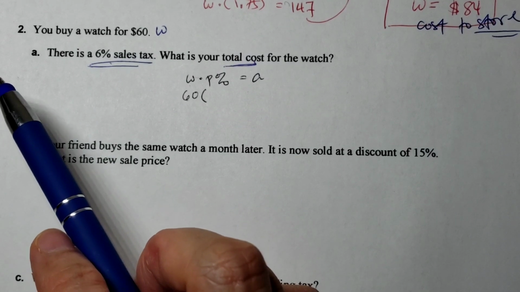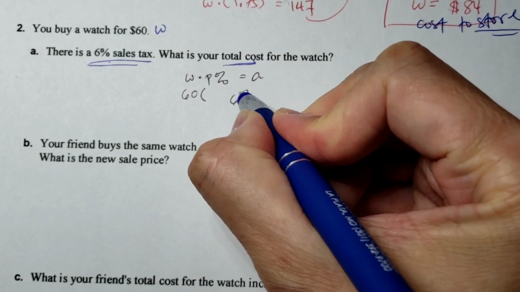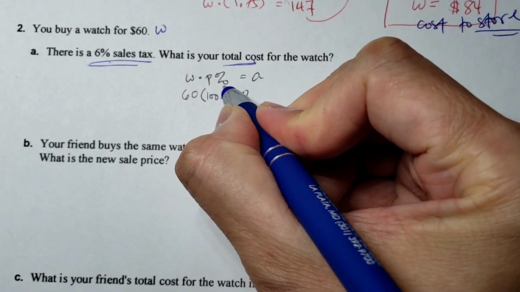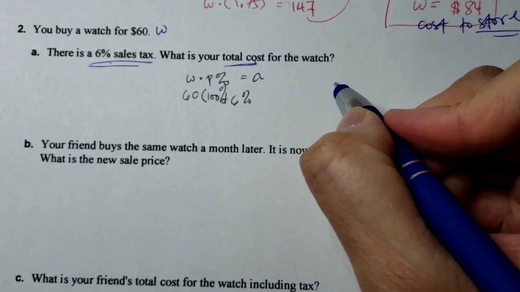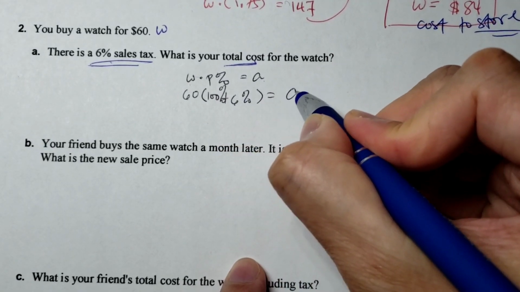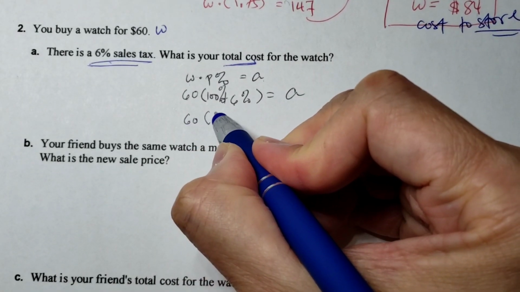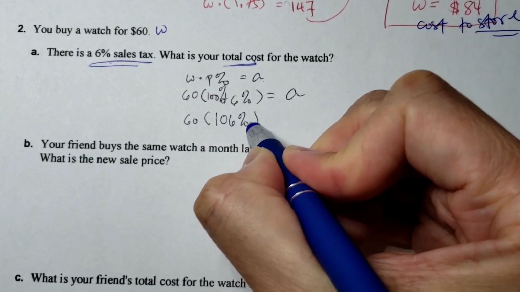Yes. We add that to the price. So we're adding 6% to the full price, to the original price. Okay? So that should give us, we're looking for the total cost. How much would you be paying? So you have 60 times 106% is equal to A.